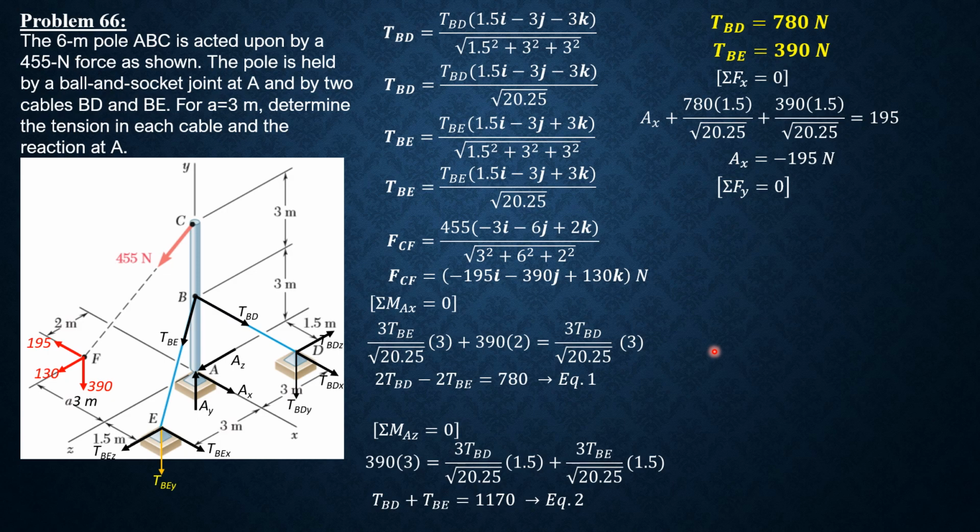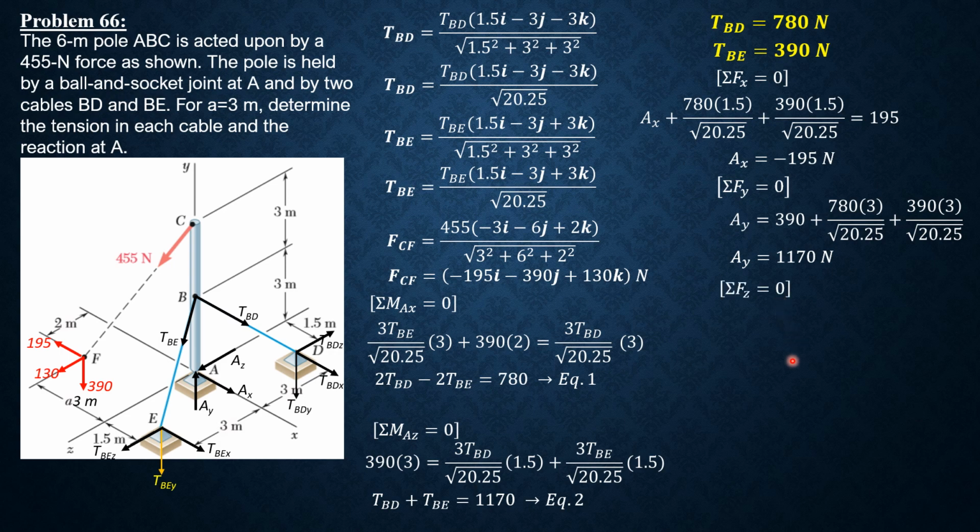So AY equals 390 plus 780 times 3 over square root of 20.25, that's the Y component of tension BD, plus 390 times 3 over square root of 20.25. Solving for AY is 1170 newtons.